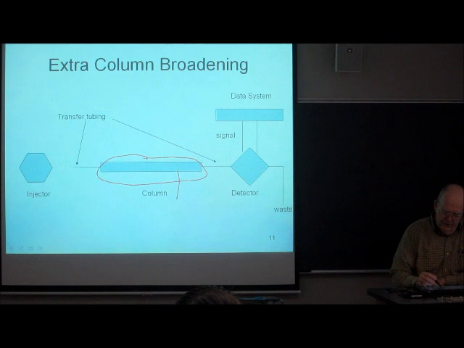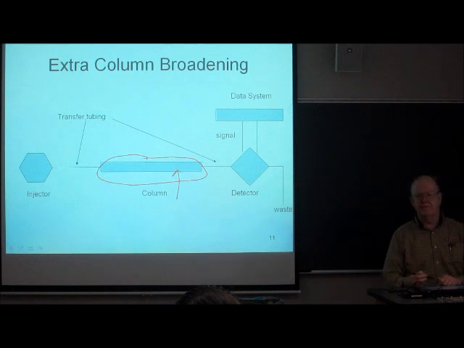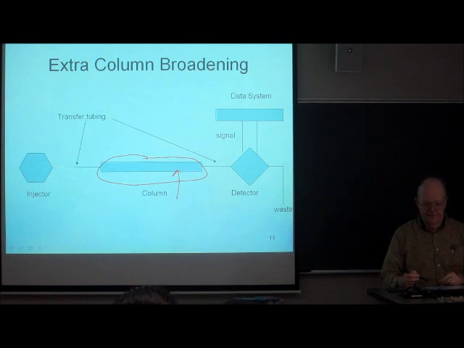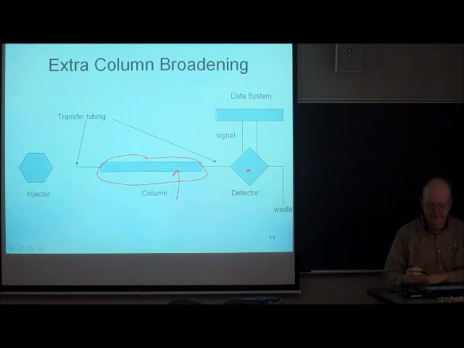I mean, this is where the separation takes place. If over here in the injector you inject too large of a volume, that can screw up your separation. If your detector has a time constant that's too long, or if the volume of the detector is too big, that can screw up your resolution.